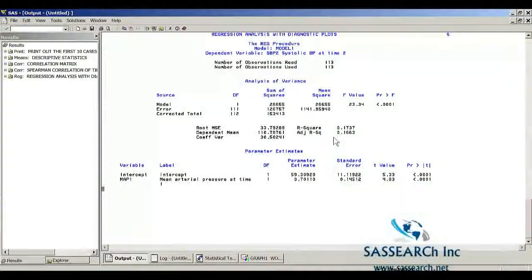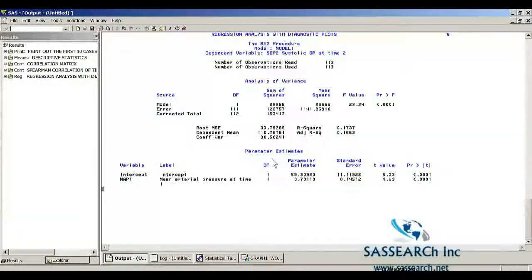Actually, the adjusted R-square value will reach a maximum and then decline as additional non-statistically significant variables are entered into the model. But again, we're not focusing on multiple linear regression in this class, but I wanted to point out what the adjusted R-square was and where it is in the output.